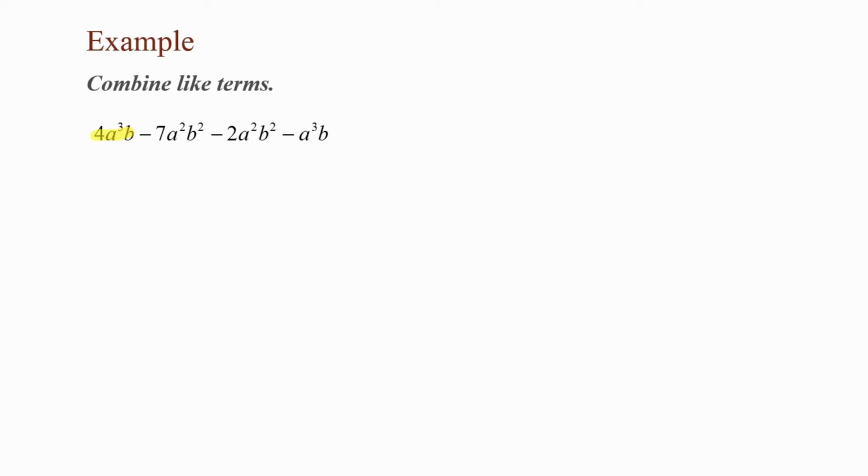So I have 4a to the third b minus a to the third b, negative 7a squared b squared, and negative 2a squared b squared. 4a to the third b minus a to the third b is 3a to the third b. Negative 7a squared b squared minus 2a squared b squared is negative 9a squared b squared. So my final answer is 3a to the third b minus 9a squared b squared.